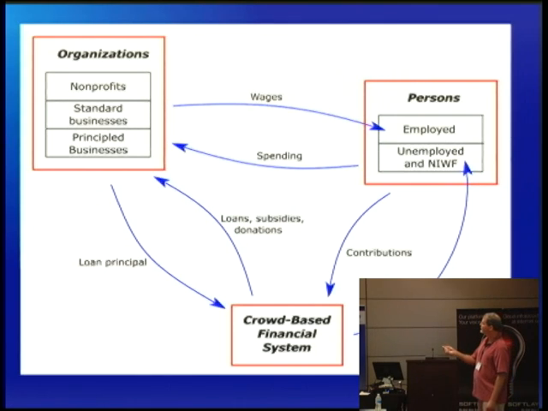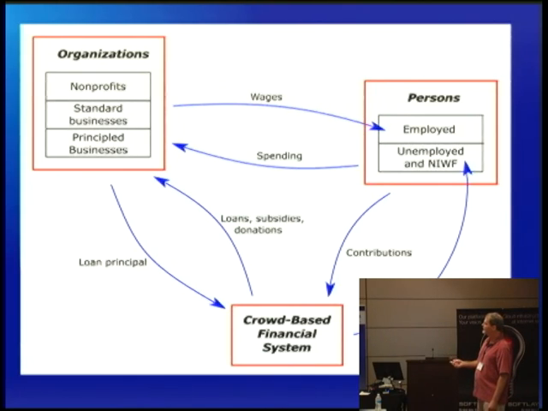So all of these flows, these blue lines, are all flows of tokens and dollars. So for example, organizations pay wages to persons, and persons spend some of their money at local organizations. Persons also contribute to the crowd-based financial system, and the crowd-based financial system loans some money to organizations, also provides some subsidies, also provides some donations to nonprofit organizations.